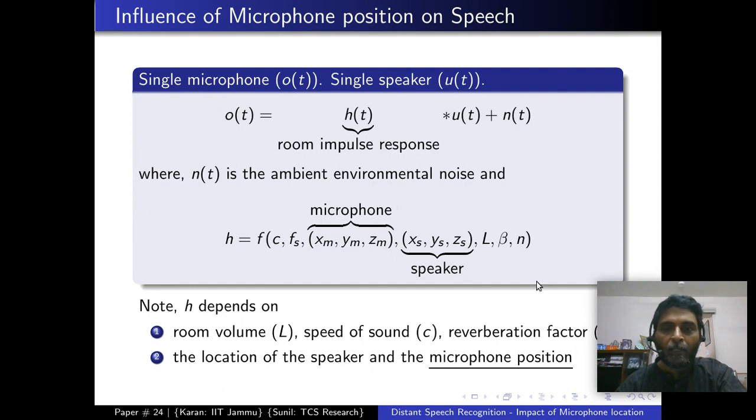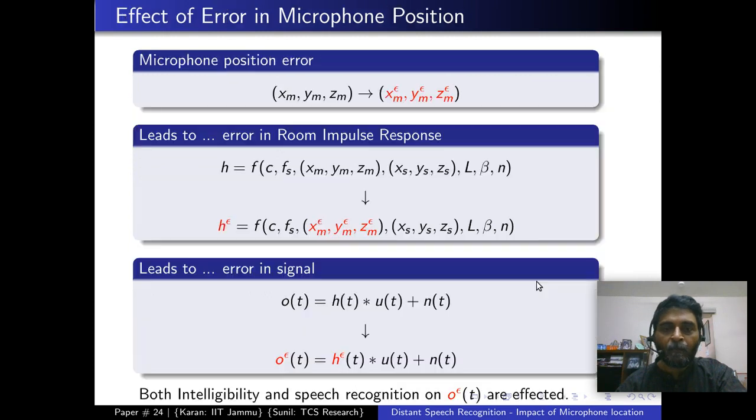We'll be talking about what happens to speech recognition and speech intelligibility when the microphone position is erroneous. To go into the depth, X_M, Y_M, Z_M are the microphone locations. If epsilon is the error associated with the microphone, then immediately you see that the room impulse response H calculation is erroneous because of the erroneous measurement of the microphone positions.